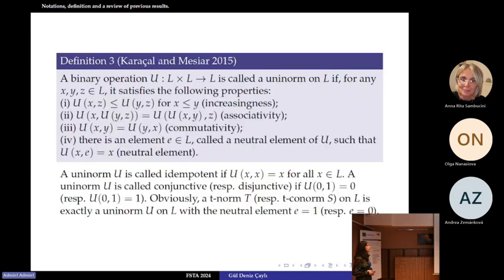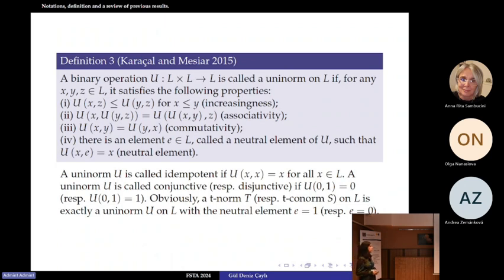A binary operation U is called a uninorm if it satisfies increasingness, associativity, commutativity, and it has a neutral element. If for all elements in a bounded lattice L, this equality is provided, then it is called an idempotent uninorm. If this equality is satisfied, U is called a conjunctive uninorm.